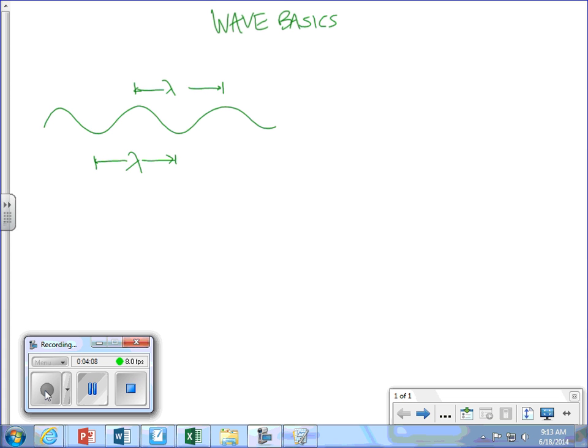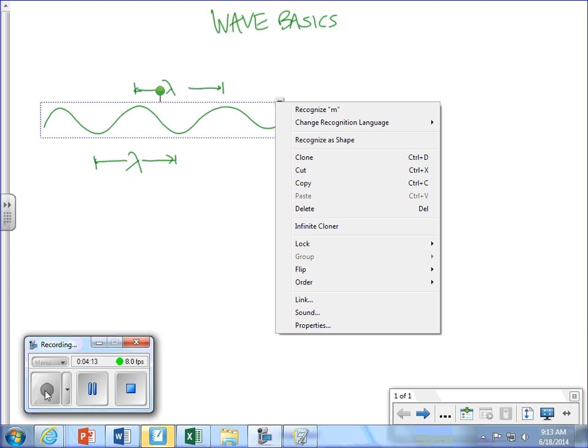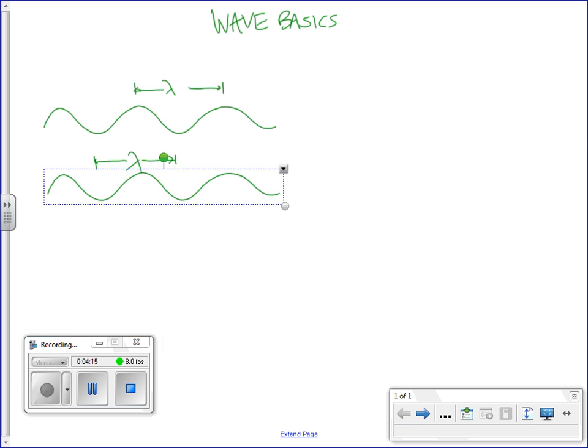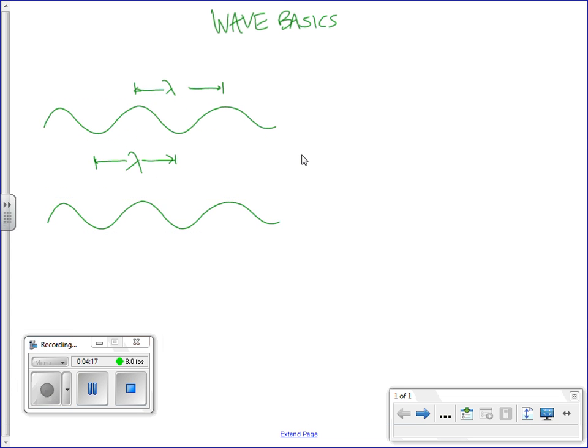Some of the other stuff we talked about is, here are these two waves. Let me clone this. These two waves right now, because they are lining up peaks with peaks and lining up troughs with troughs, we say these are in phase. Okay?